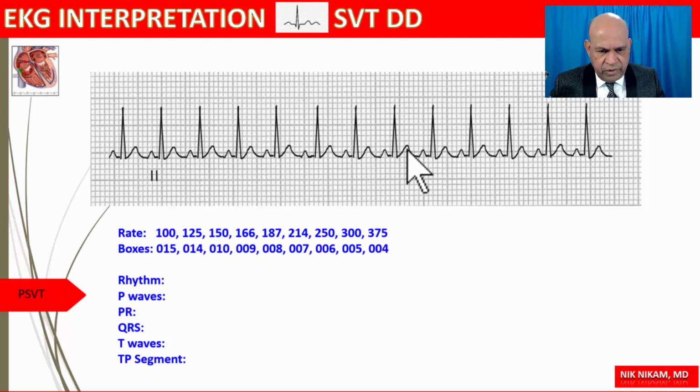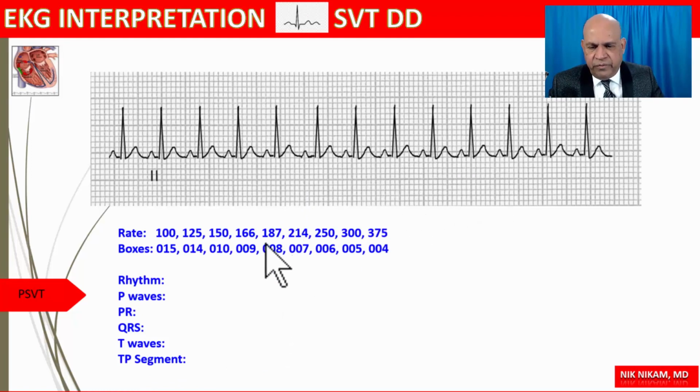There is no evidence of any extra humps in the T waves, so this is most likely one-to-one conduction. A heart rate of 187 puts this in the range of paroxysmal supraventricular tachycardia. The T waves look okay, the ST segments and the TP segment, they all look okay.